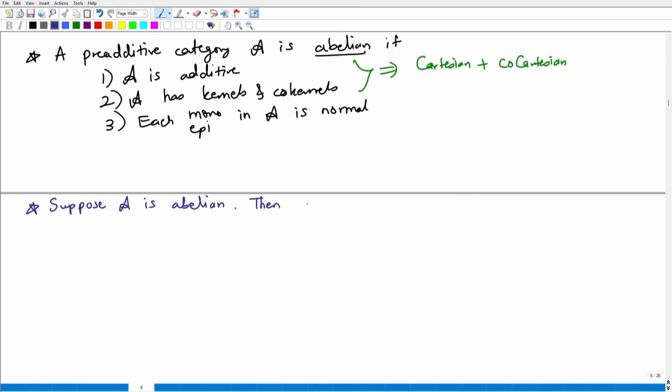Then for any f from A to B, there is a factorization. So A to I to B. This is the co-image of f and this is the image of f.